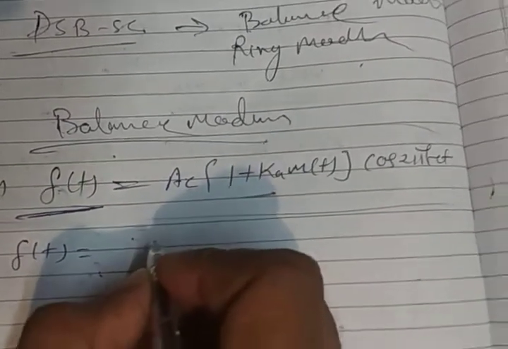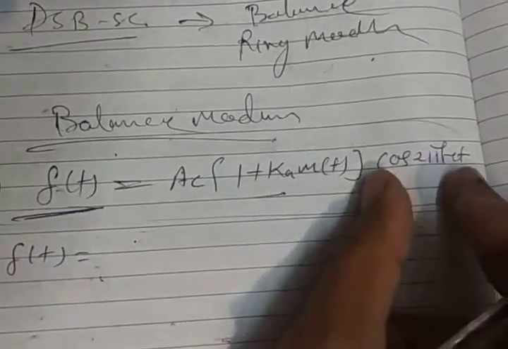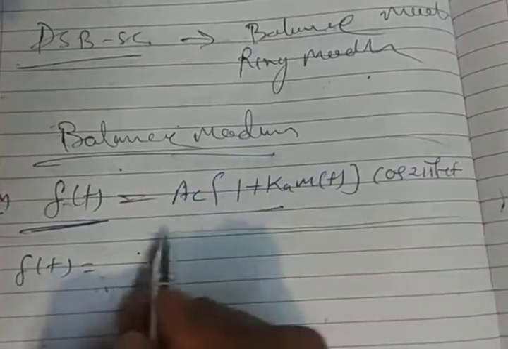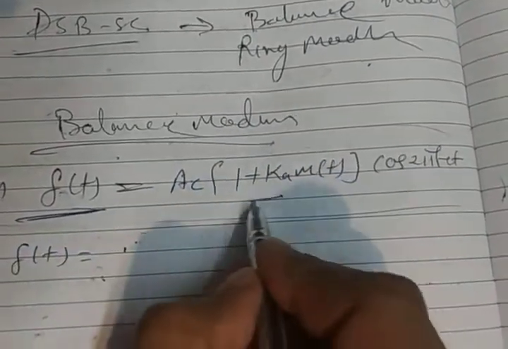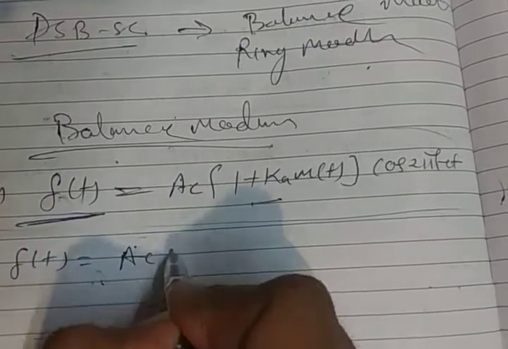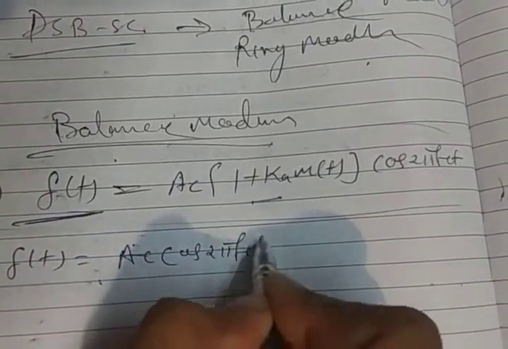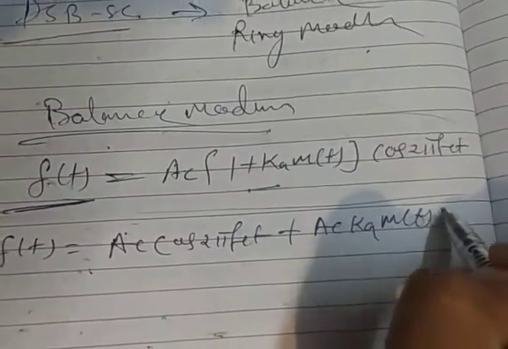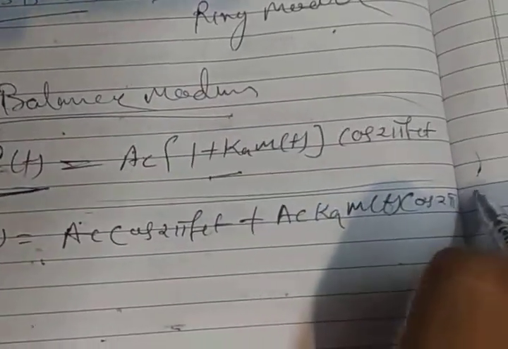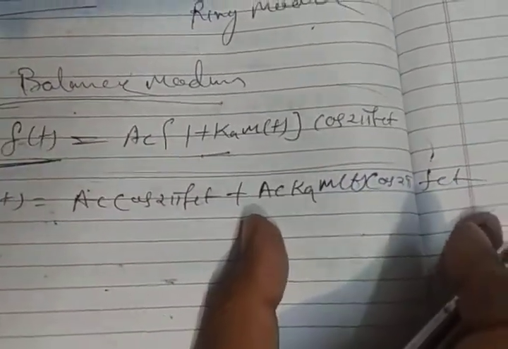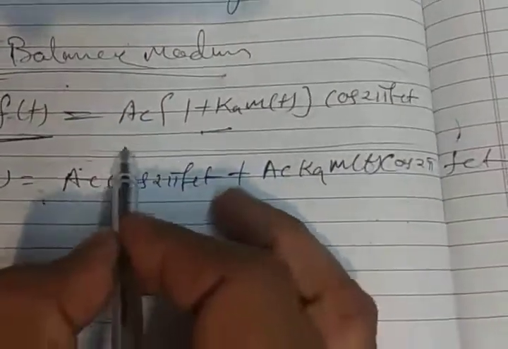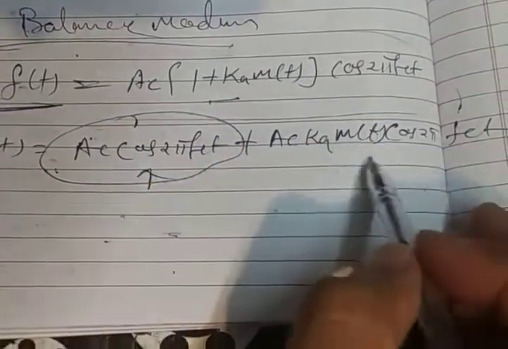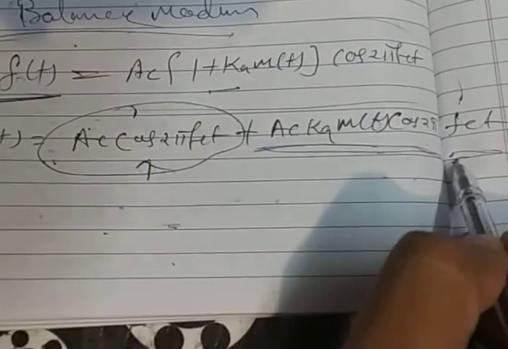In DSB-SC signal we eliminate the carrier part of the AM signal. So if first of all we open the bracket, we see Ac cos 2 pi fct plus Ac Ka m of t into cos 2 pi fct. So in DSB-SC signal this first part is eliminated, only this part remains.